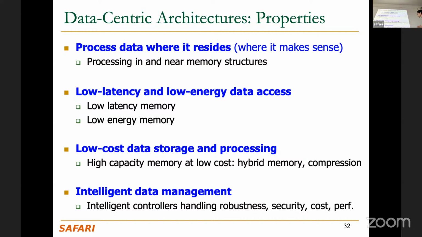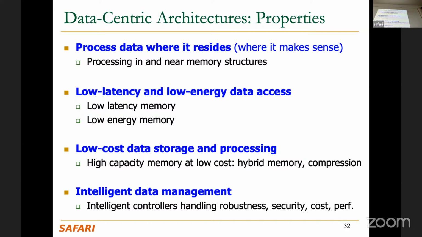And there is where, for example, hybrid memory systems or hybrid storage systems can help a lot. Especially if these hybrid memory systems or hybrid storage systems are handled by intelligent controllers that can make the right decision of where to place data.